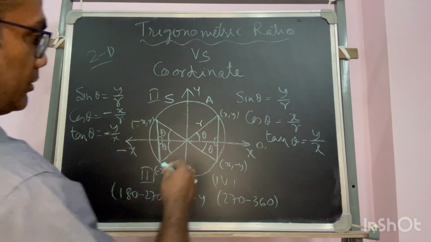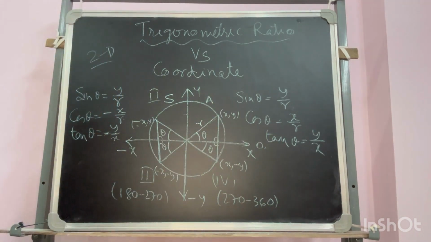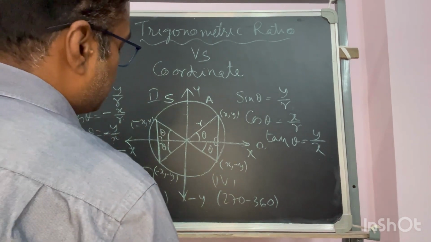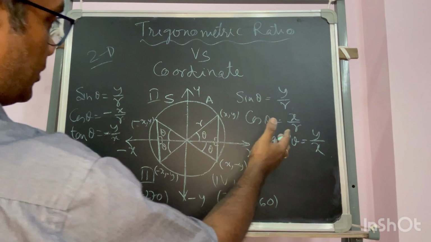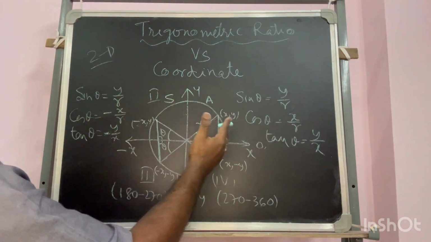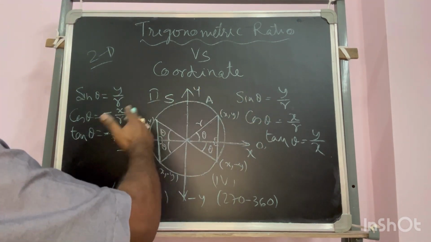Now I want to bring one more relation, or you can say correlation, the relation between the two coordinates, the ratios with respect to the second coordinate.